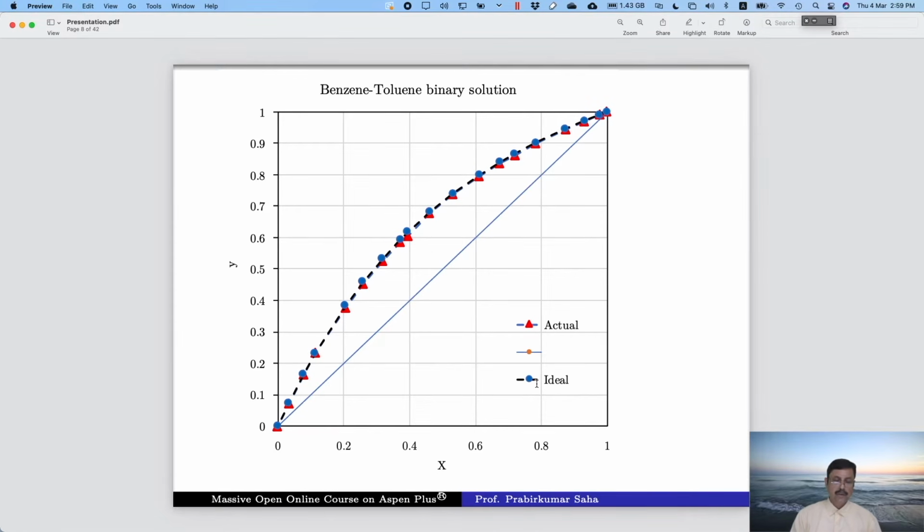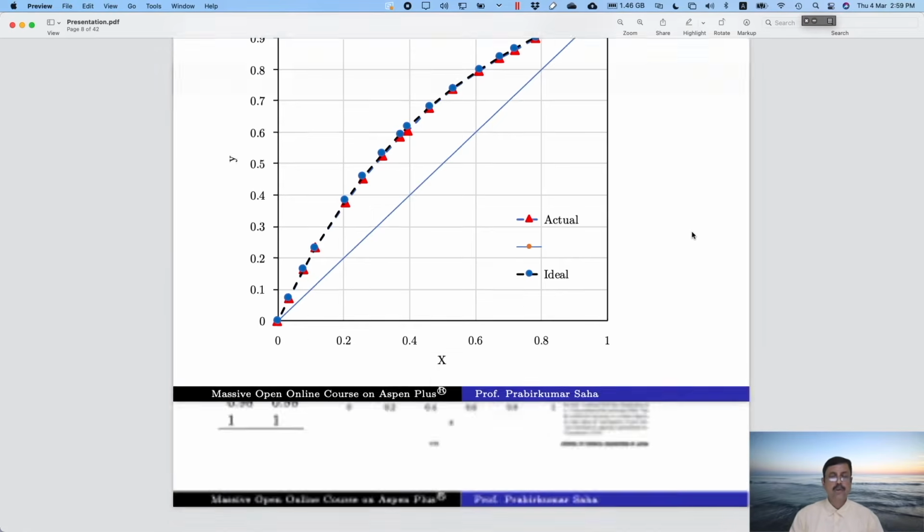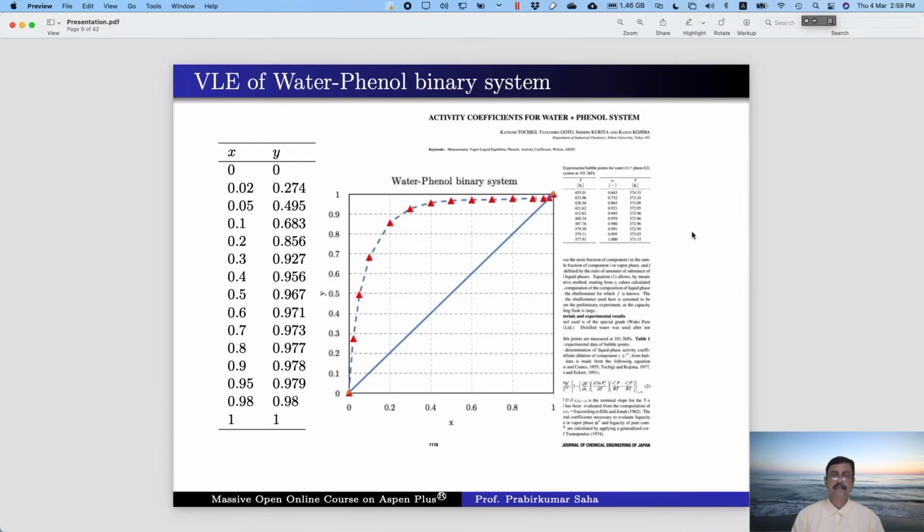Okay. So you can understand that the experimental result and the ideal model behavior almost superimpose on each other. So we can say that the benzene-toluene binary system demonstrates ideal behavior. Okay. But is it true for the water-phenol binary system?